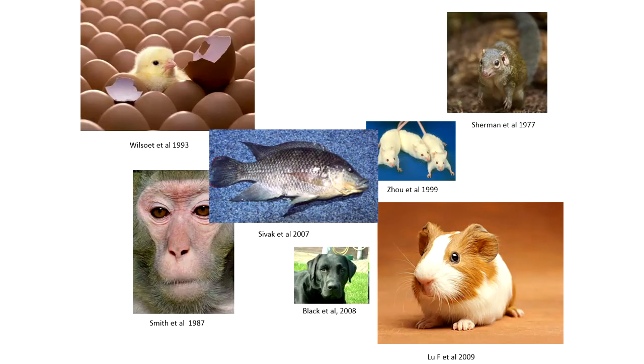We know this is true in a wide variety of animals, including chickens, primates, fish, as well as dogs, and this represents the fact that this is very well preserved regardless of whether you're prey or predator. You need to optimize your vision to have the best chance of surviving and progressing.